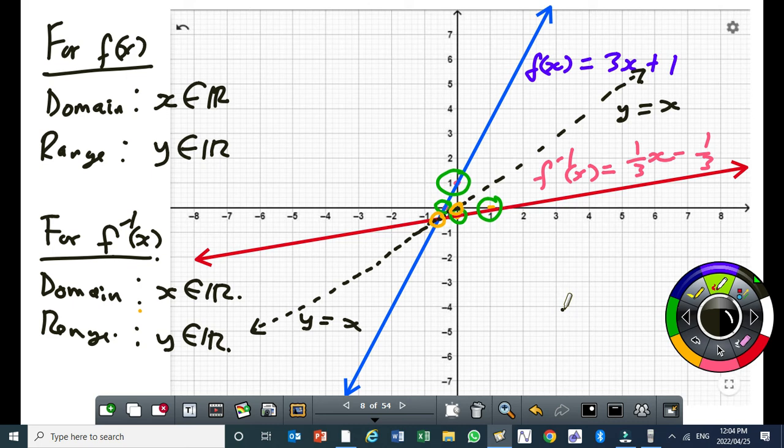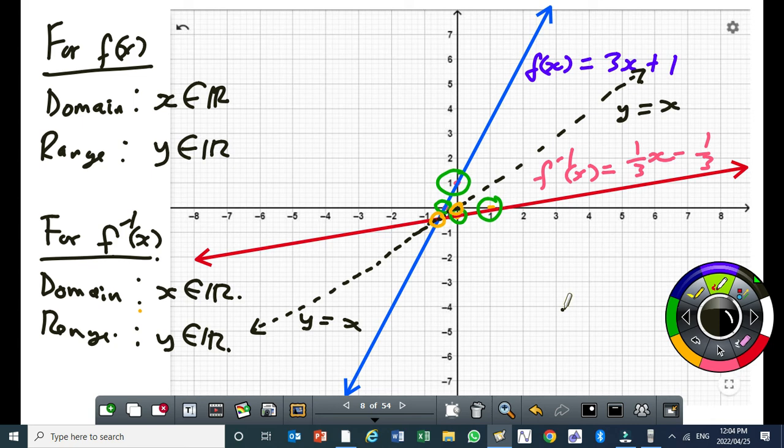Okay. So your class exercise. Can you write class exercise after this graph, please? Please write this down.